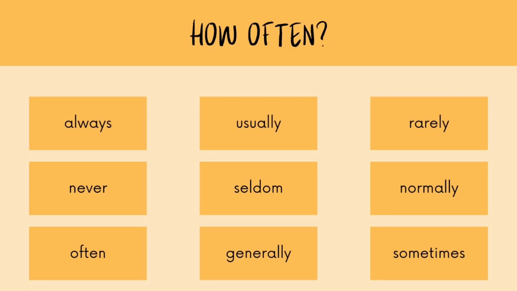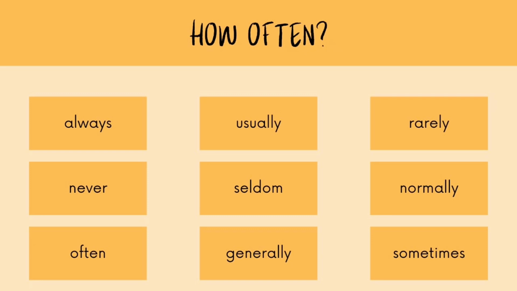Now, I want you to differentiate amongst some of these adverbs of frequency. When you say my mother seldom visits us, it means that she doesn't do it all the time. She does it once in a long while.